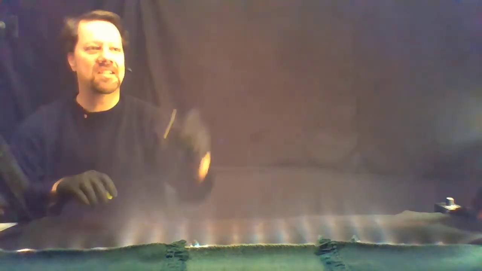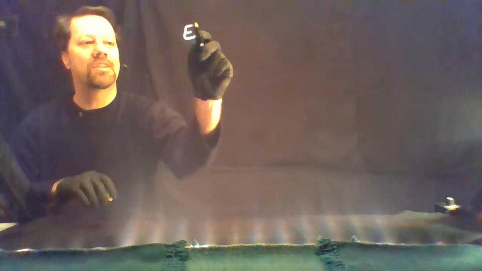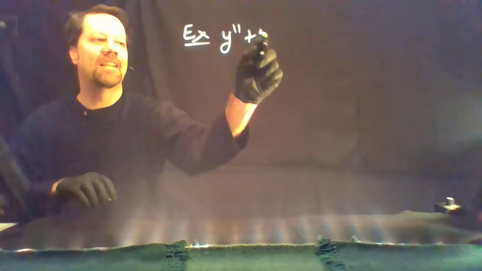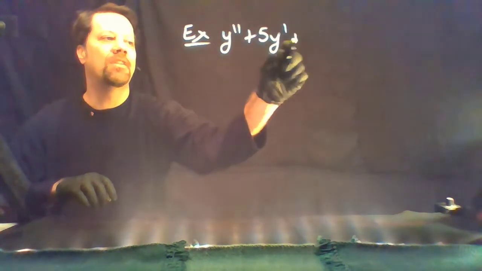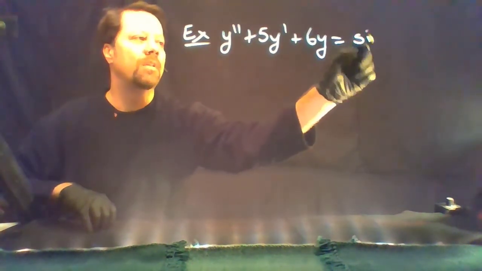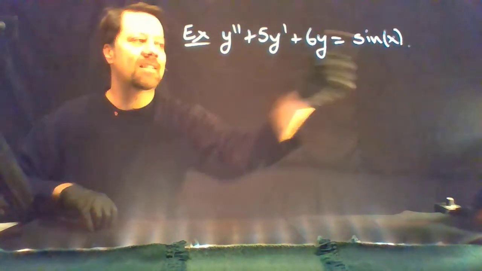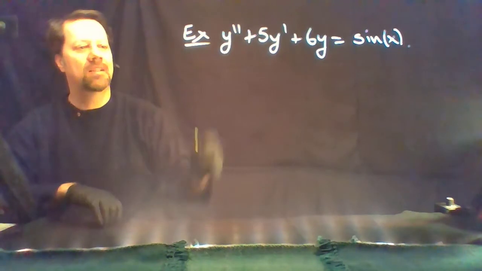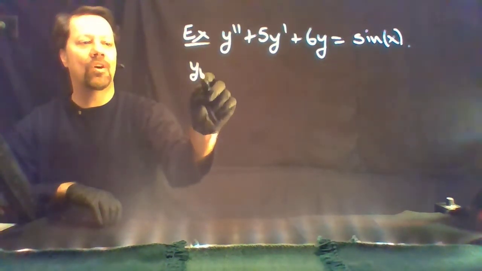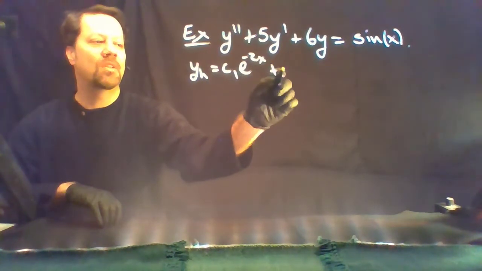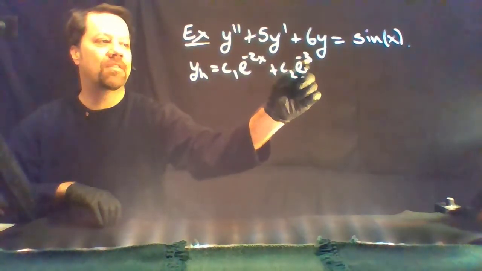In our next example, we're not going to change much, just the forcing function on the right-hand side again, so that we don't have to find a new homogeneous solution. What we're going to do is put sine of x over on the right-hand side as our forcing function. Once again, the homogeneous solution is c1 e to the negative 2x plus c2 e to the negative 3x.